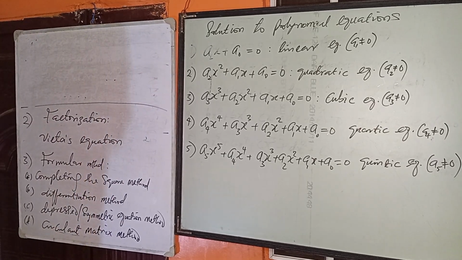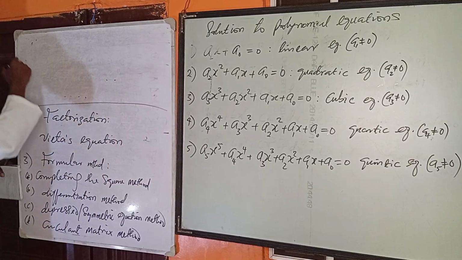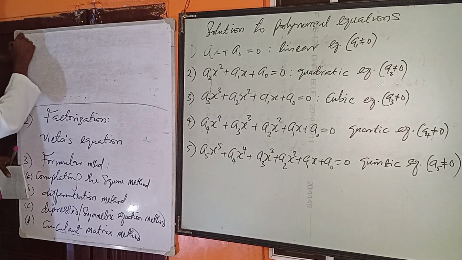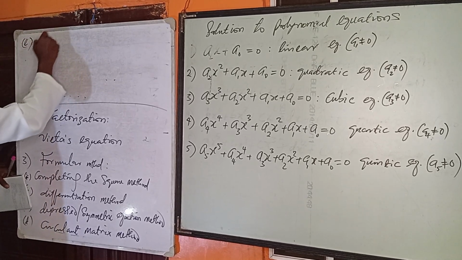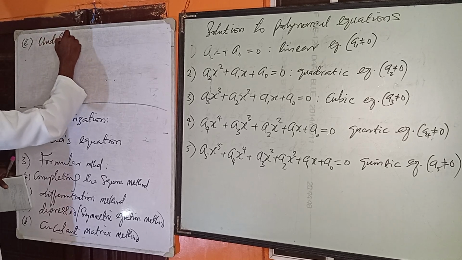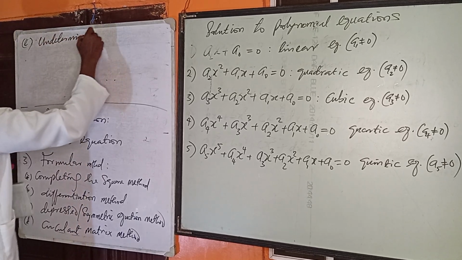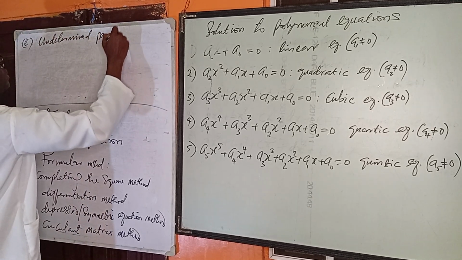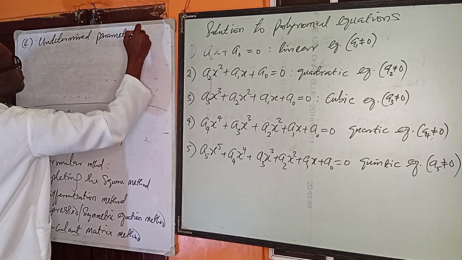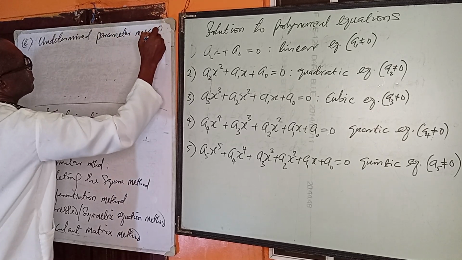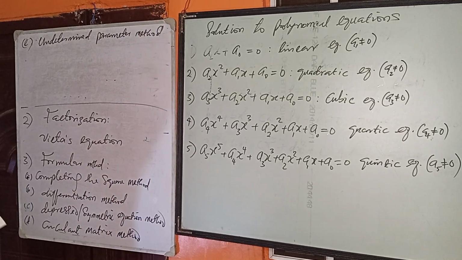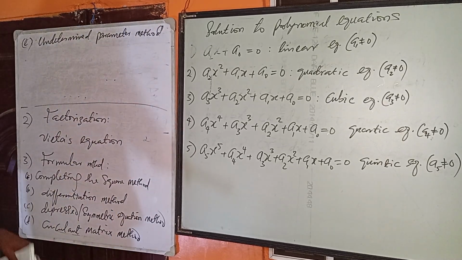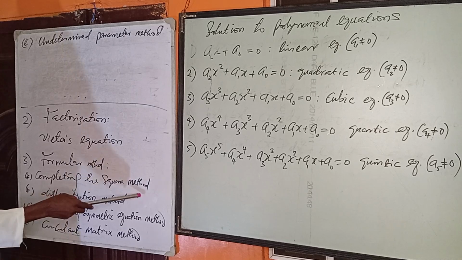We can also use what we call the undetermined parameter method. Now, I know that we are familiar with the completing the square method.